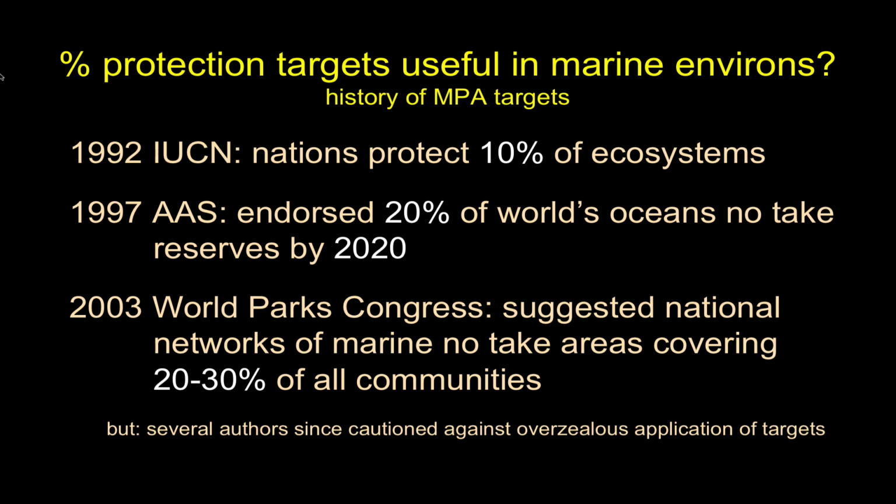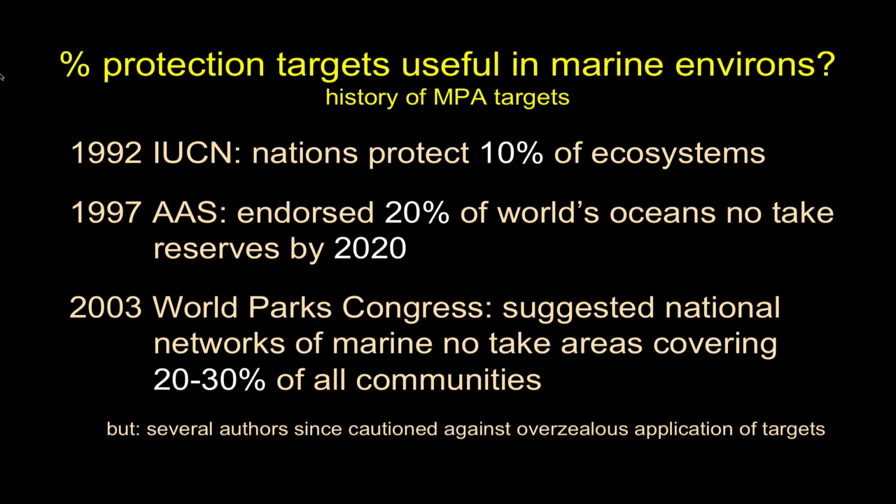So I mentioned these percent protection targets. What is that? This is an approach that really started in the early 90s and caught fire and has become a big thing.